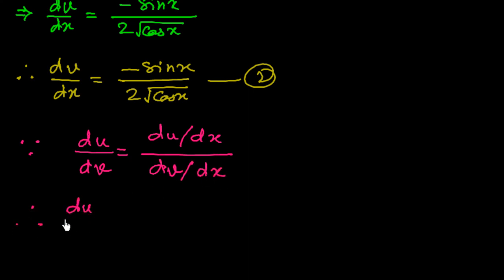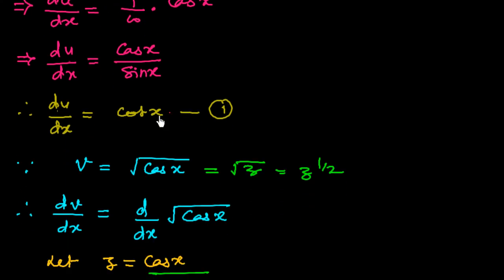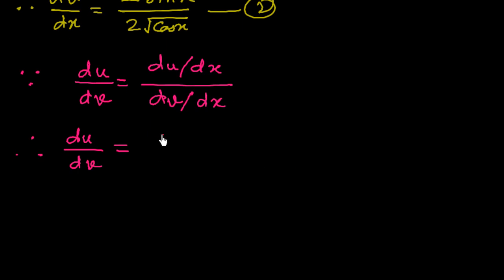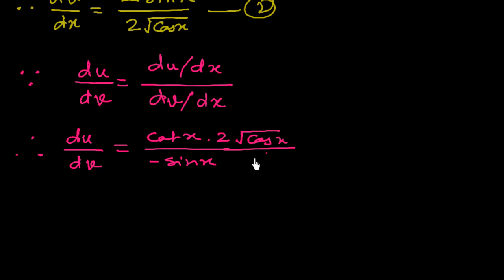Therefore, du over dx we have got here is cot x. So we write cot x, and dv over dx we have got minus sin x over 2 root cos x. So we can write it finally in this way.